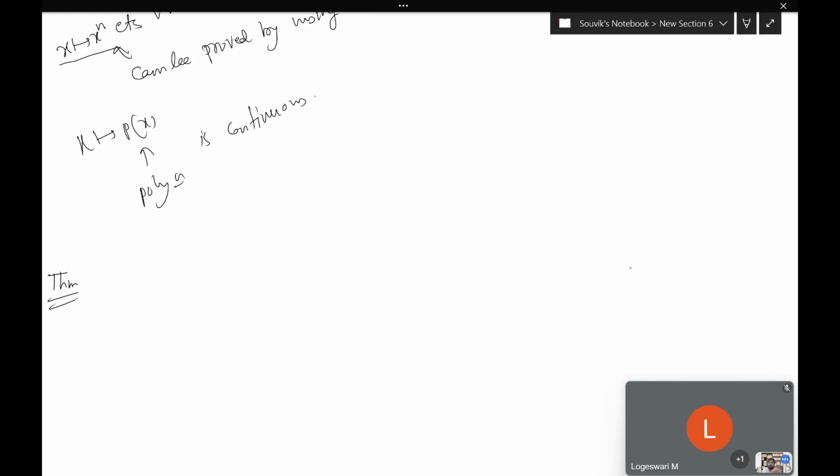In that situation, we need to use this theorem. This theorem is actually the main technical tool to show that a function is not continuous, rather than showing that a function is continuous.